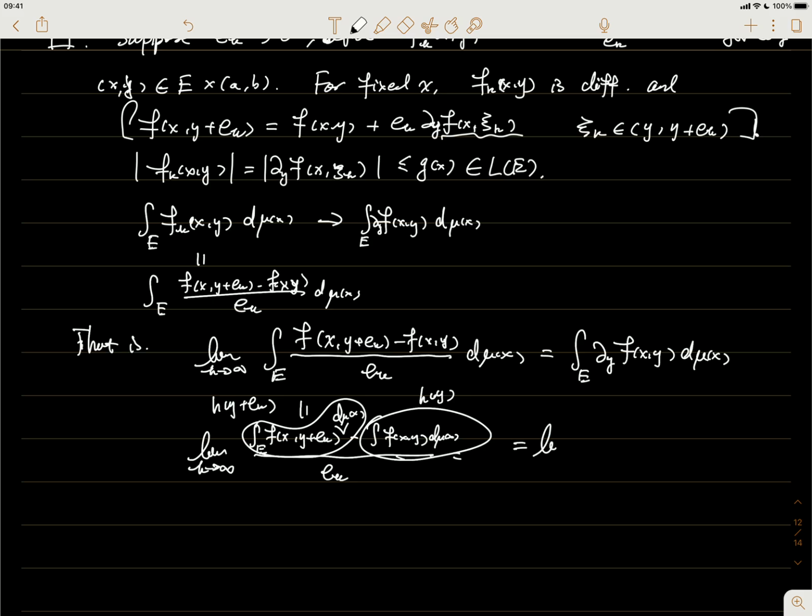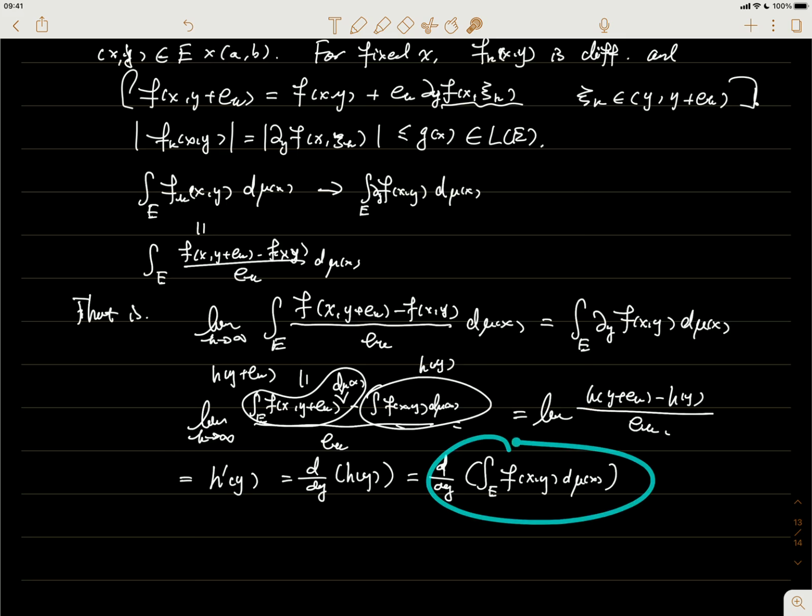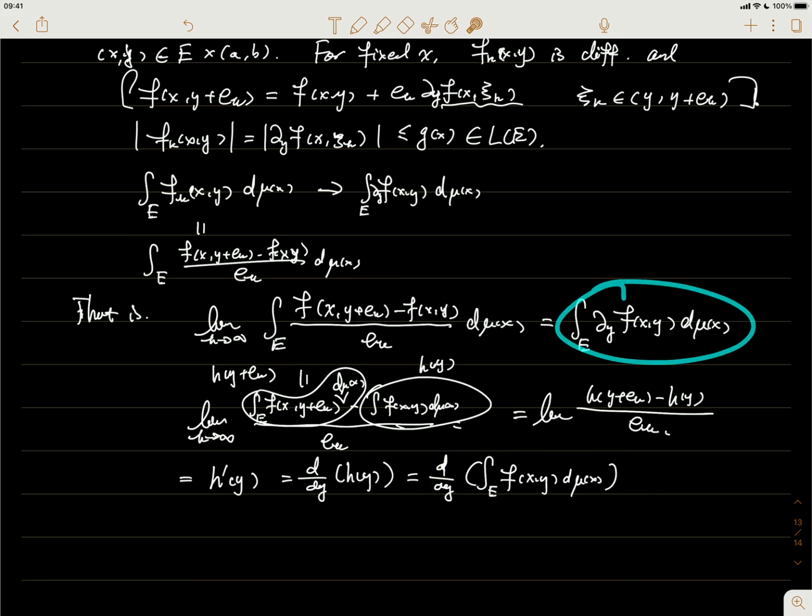So this whole thing will be just the limit of h(y+e_k) minus h(y) divided by e_k. And this just means that it is the derivative of h at y. And this is just the d/dy of h(y), but h(y), as we said, is defined to be the integral of f(x,y) d mu x. Okay, so that shows that this one here is actually equal to this. Because the limit of the left-hand side is just equal to that, and on the other hand, it is also equal to this.